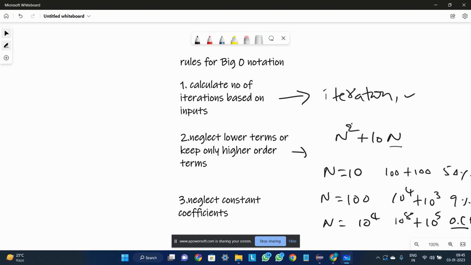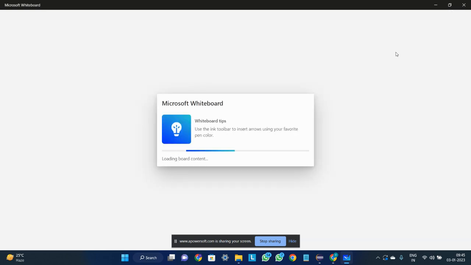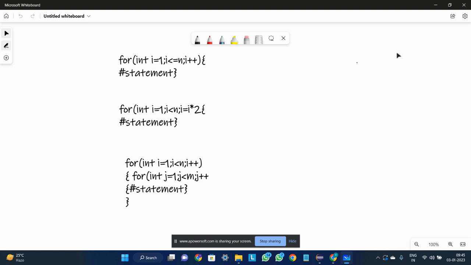And similarly, take any polynomial with larger inputs, compare them, and you can see that you can neglect constant coefficients.